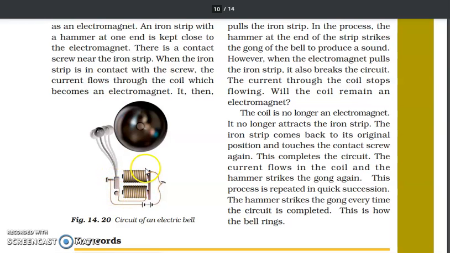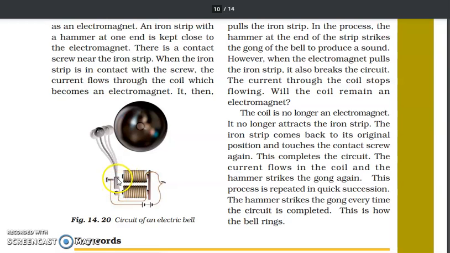So whenever this acquires the power of electromagnetism, it will attract this soft iron bar, and it will be attracted towards it. Hence this hammer will hit the gong and the bell will ring. But once it is attracted and hitting the gong, it is separated from the screw. So the circuit remains open and it loses its power of magnetism.